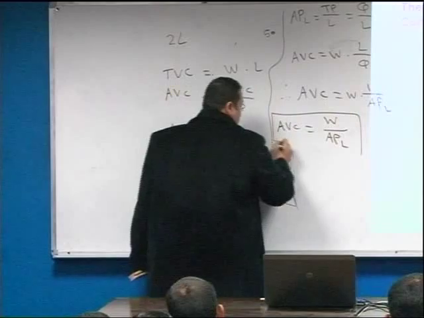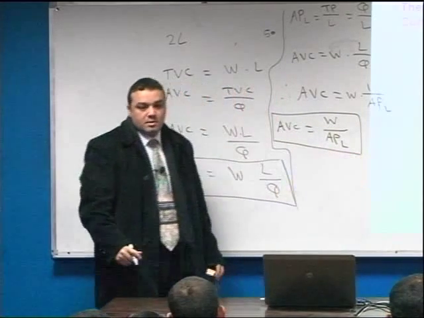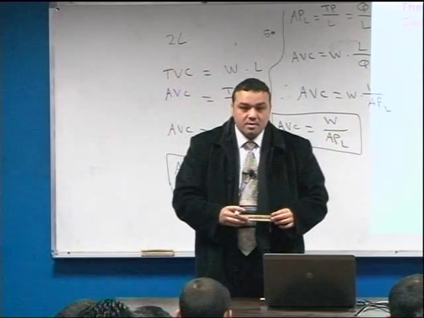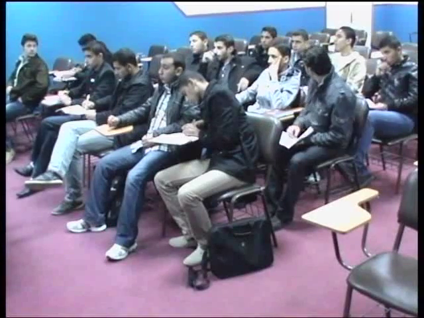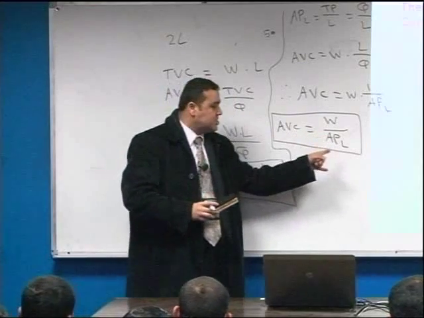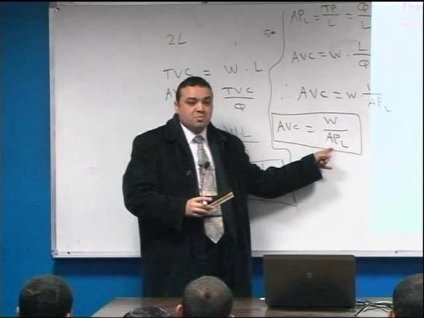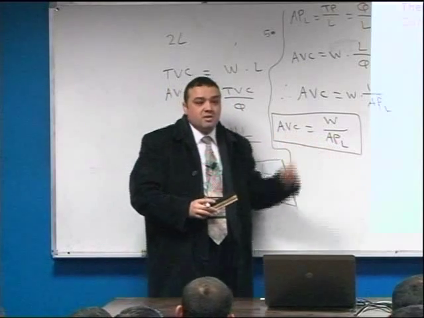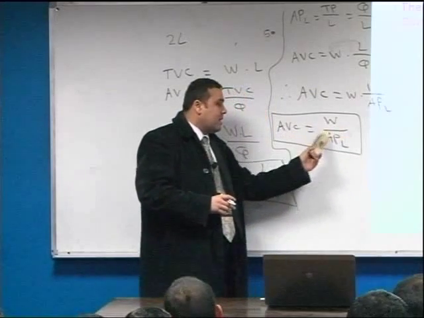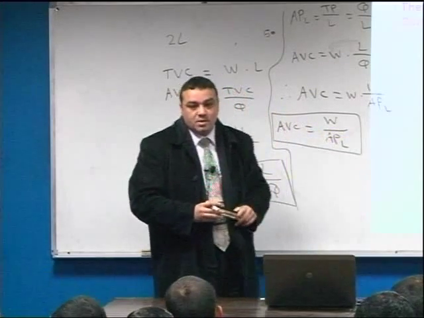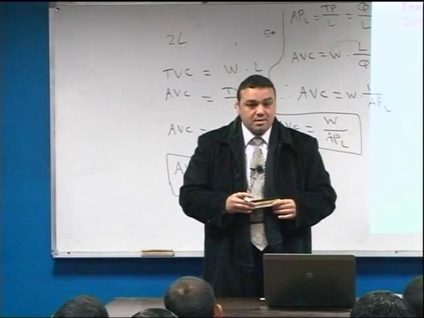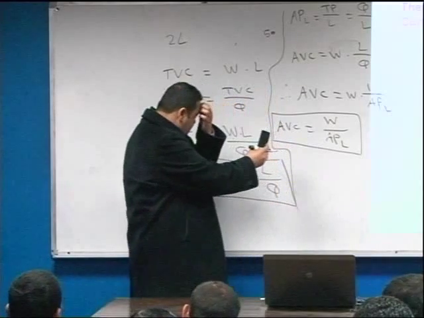So what do you see between APL and AVC? Excellent. As you see, there is an inverse relationship between APL, the average production of labor, and the average variable cost. The highest APL, the lowest AVC, and vice versa for sure, right? So this is the first formula.